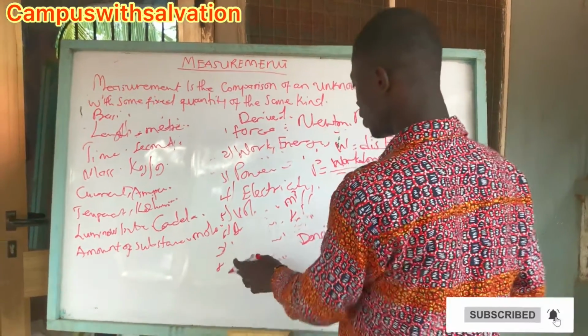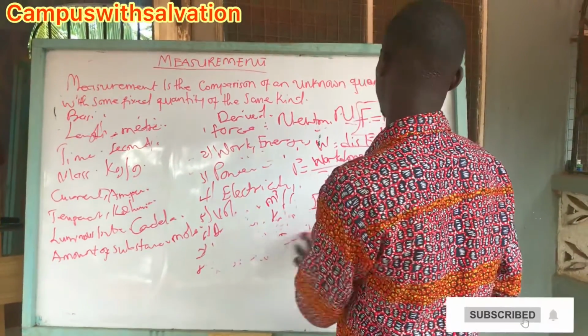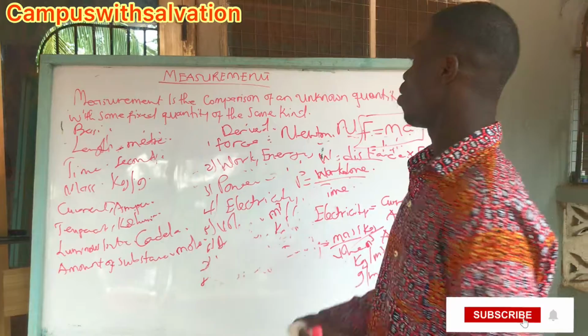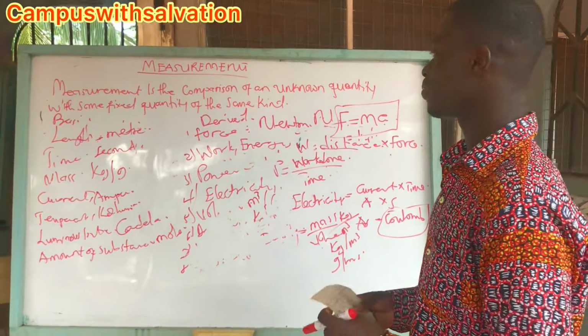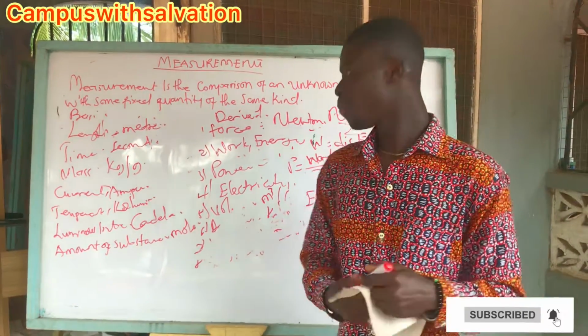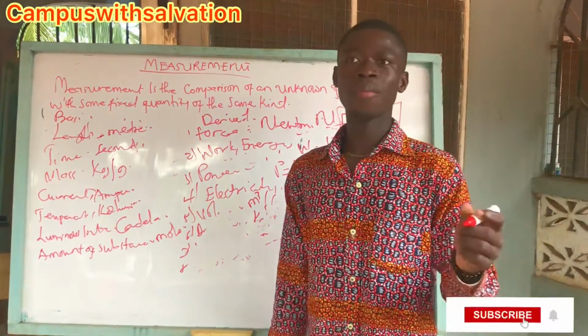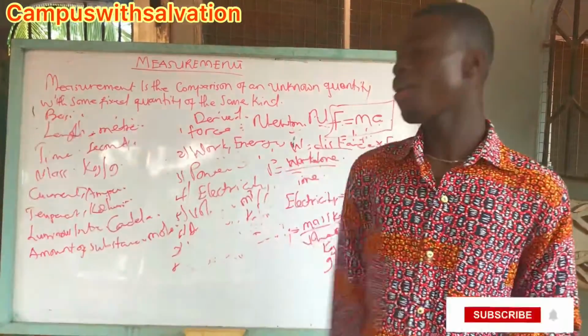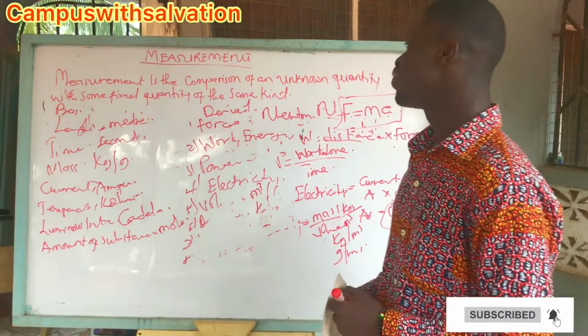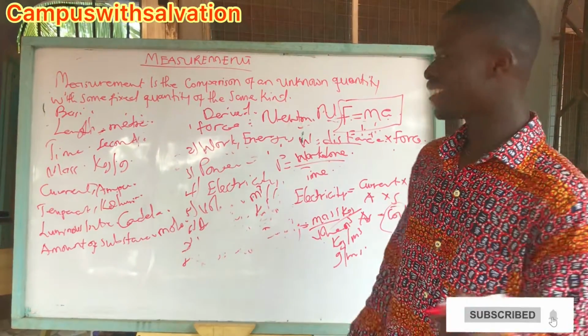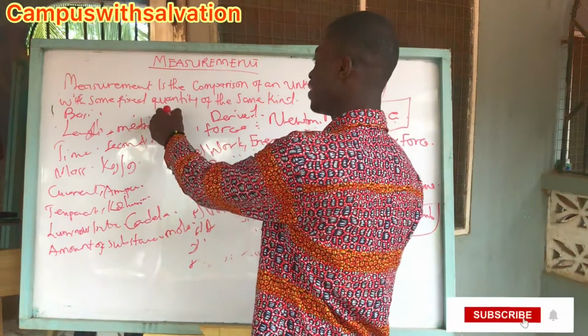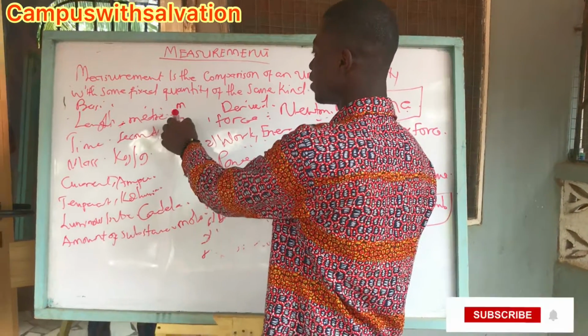Let's tackle other ones and see how we can solve more questions about it. But let me tell you something here. When you are calculating the distance from maybe Kumasi to Accra, you don't need to calculate that distance with meters or grams.